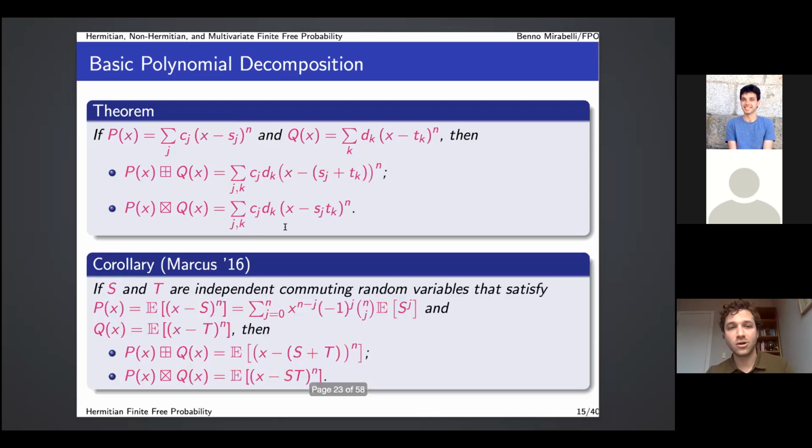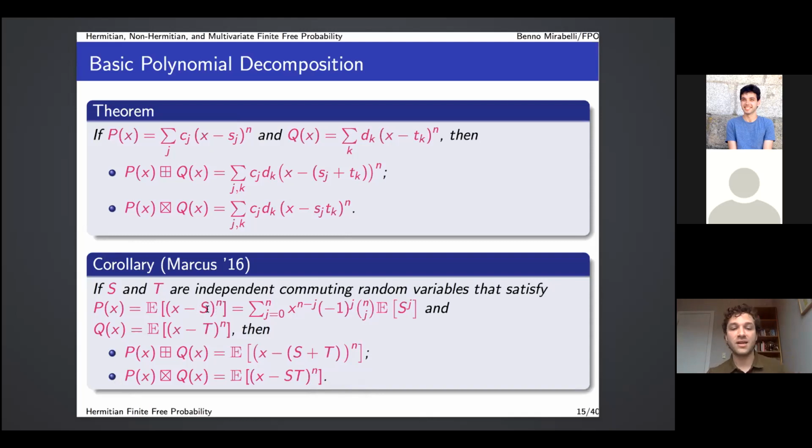And a corollary to this theorem: if I add an extra constraint that the c_j's are all positive and sum to 1, and the d_k's are all positive and sum to 1, then I can write this in a language that relates to classical probability.